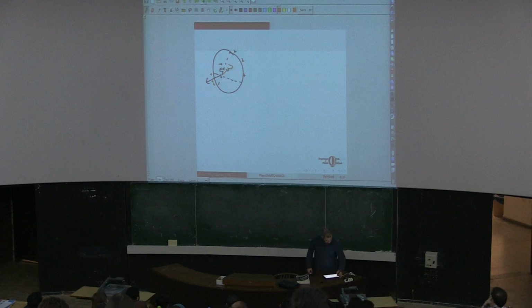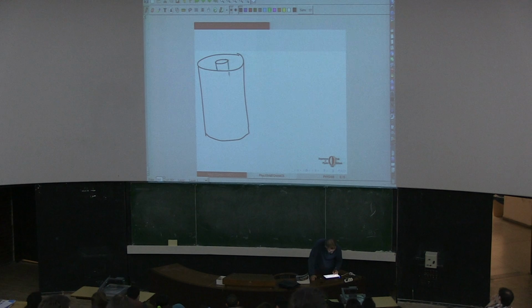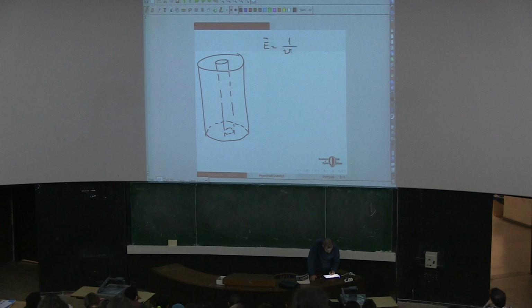Now let's go back to our initial problem. We had a system of cylinders. We already calculated the electric field: one over 2 pi epsilon 0, q over h, one over rho, in the rho hat direction.